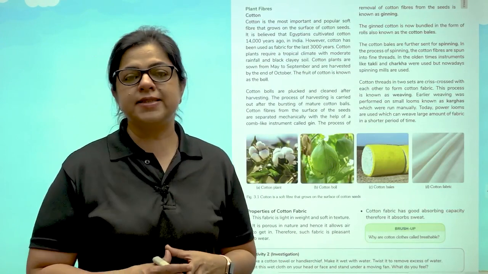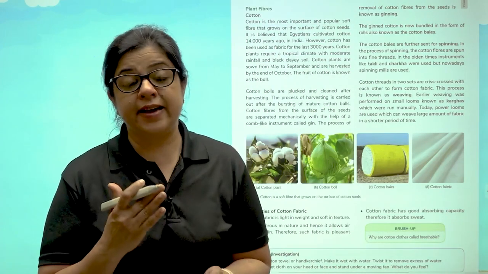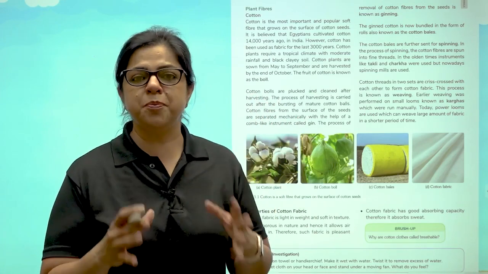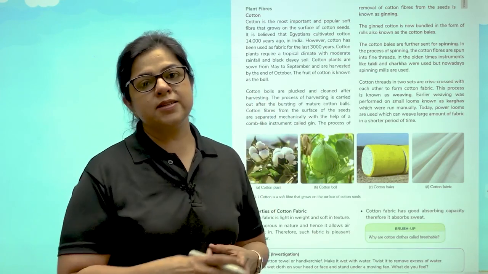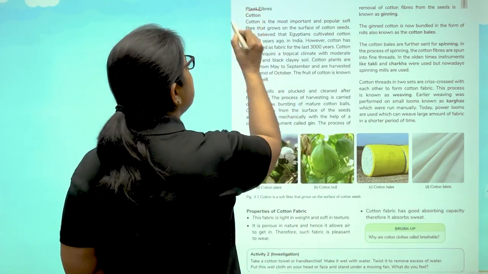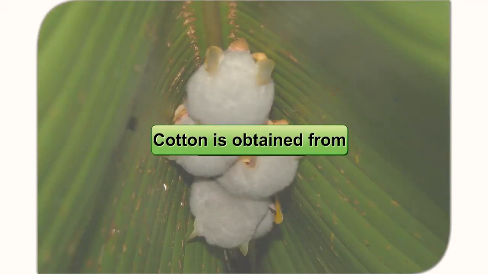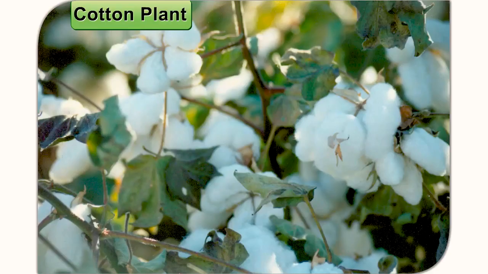Now out of these there are plant fibers and there are animal fibers. Let us first understand the plant fibers. Let's look at this video to understand how we obtain cotton. Cotton is obtained from the fruits of cotton plants called cotton bolls.